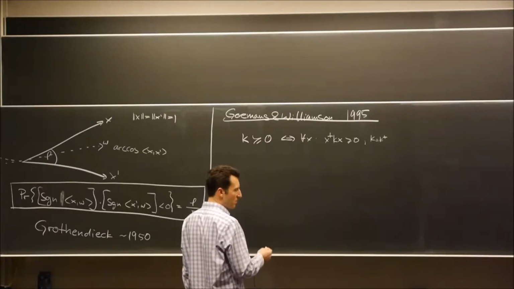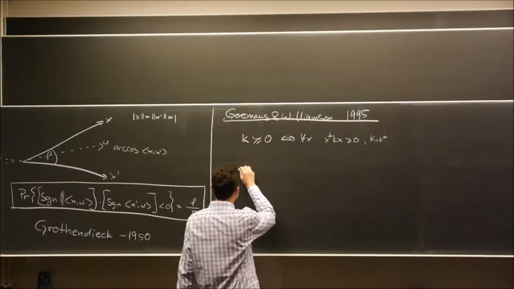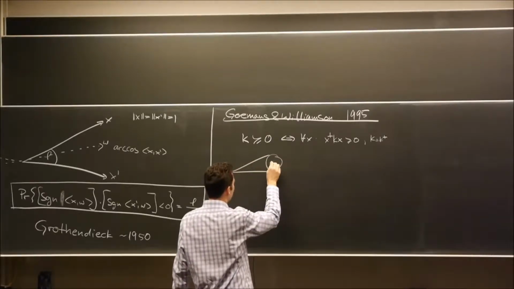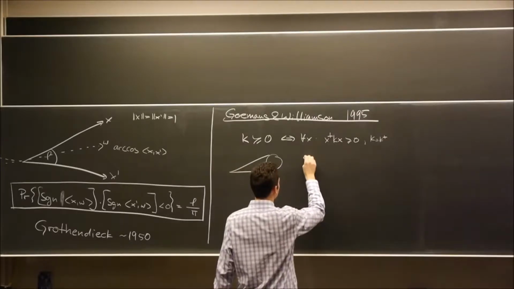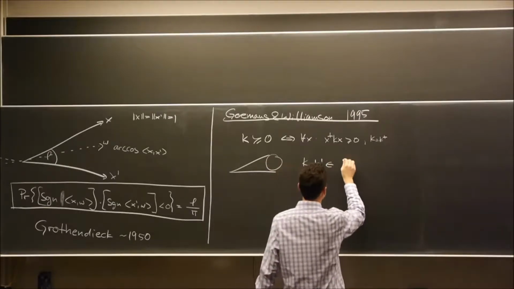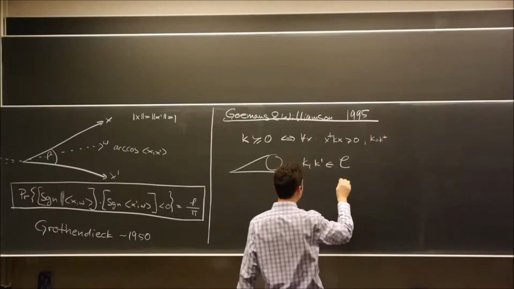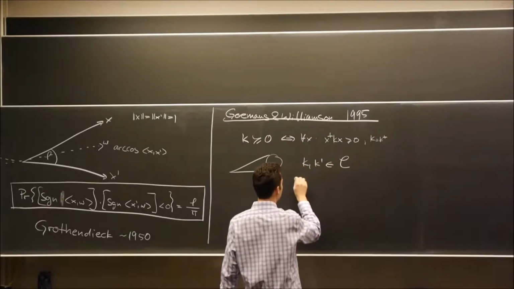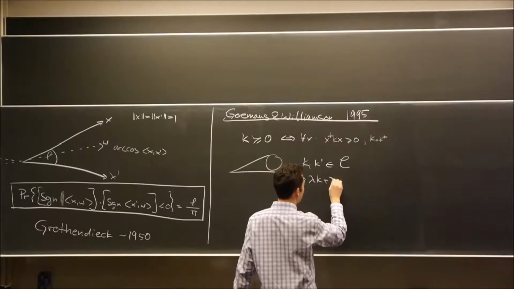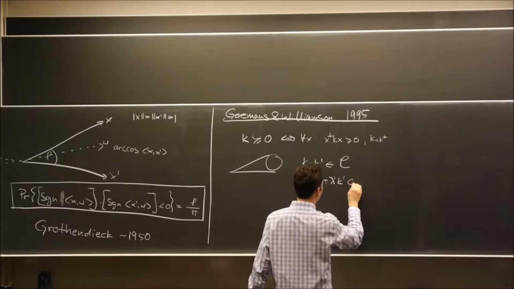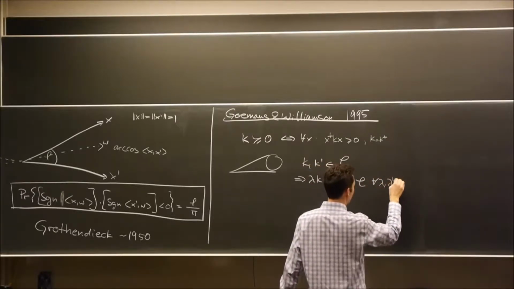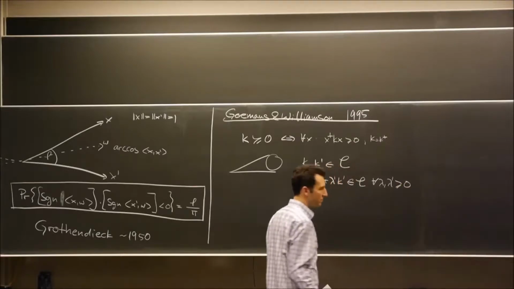So the first useful thing to note about those matrices is that they form a convex cone. So in other words, if I have two matrices K and K prime in this cone, then it follows that lambda K plus lambda prime K prime is also in this cone for all lambda, lambda prime greater or equal than 0.